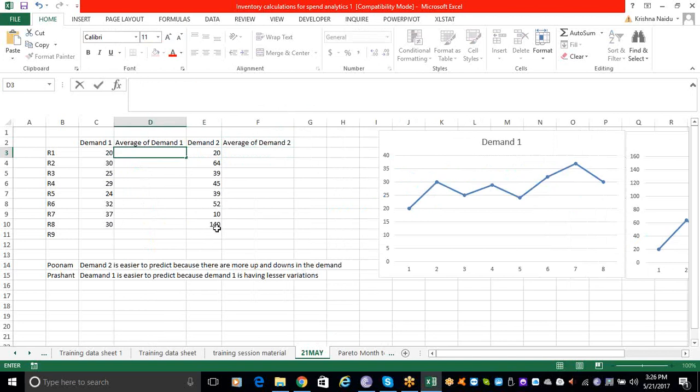Suppose I ask you what will happen next in the case of R. Poonam, what could be the demand of R9 in the demand one scenario?